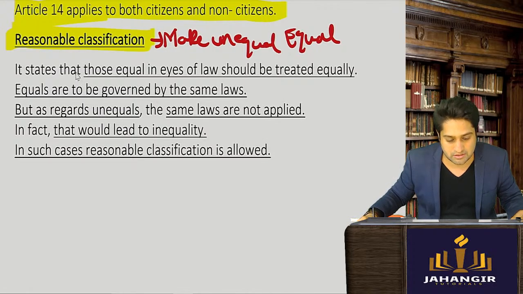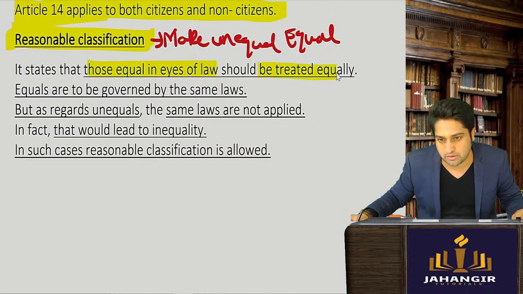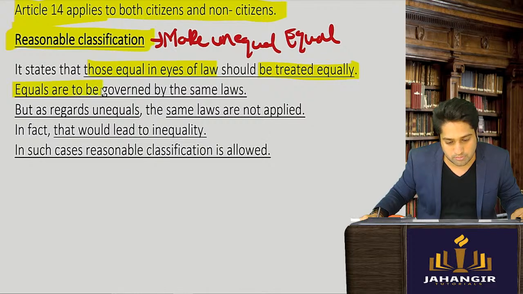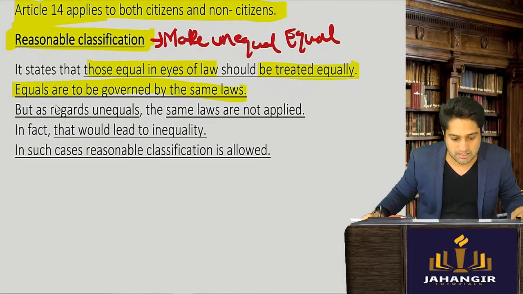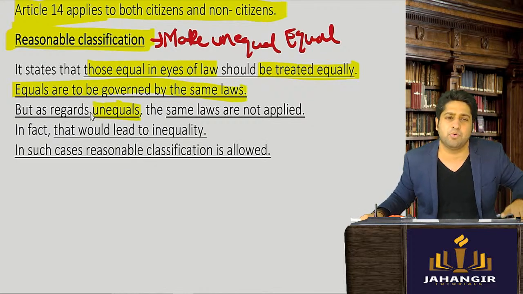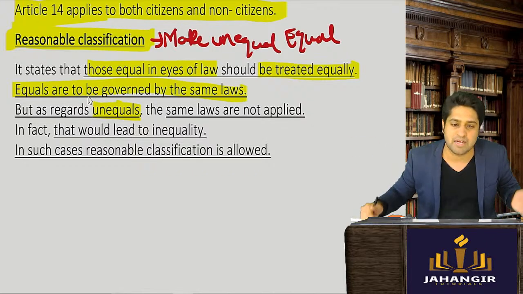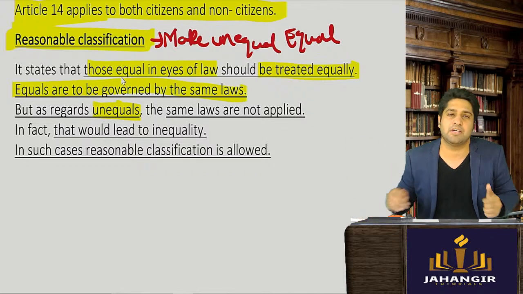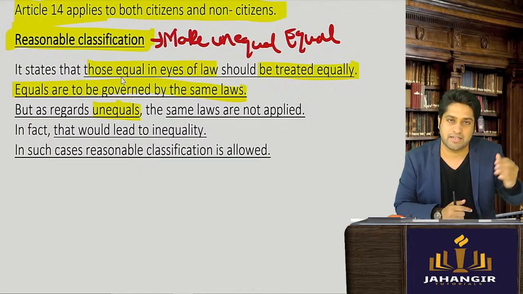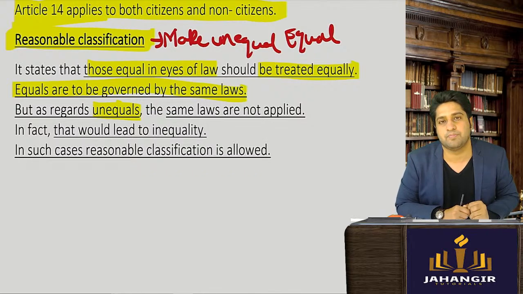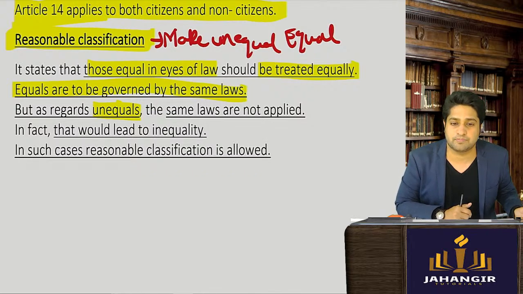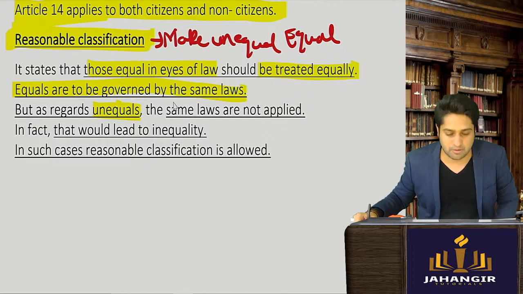So the state says that those equals in the eyes of law should be treated equally. Equals are to be governed by the same laws, but with regard to unequals, if there is a poor section, we cannot keep the same rules. We'll have to give them some benefit. That is why in colleges there is a special quota made for the economically backward class.